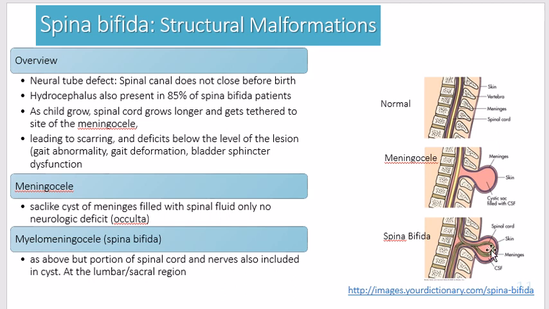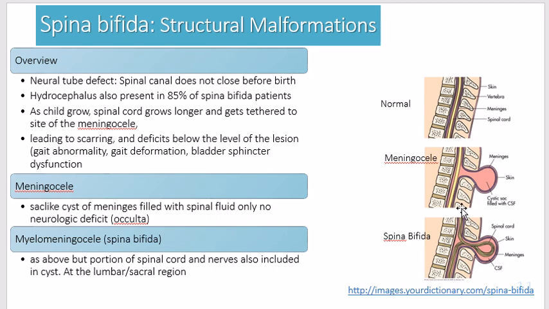Nerves are also found, and of course cerebral spinal fluid. This usually happens in the lumbar or sacral region, and as you can imagine, when this person grows, the spinal cord ends up being stretched within this area, and it can lead to scarring as well as various deficits that would be found at or below the level of the lesion.